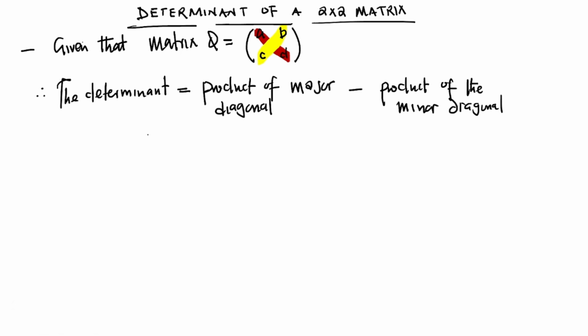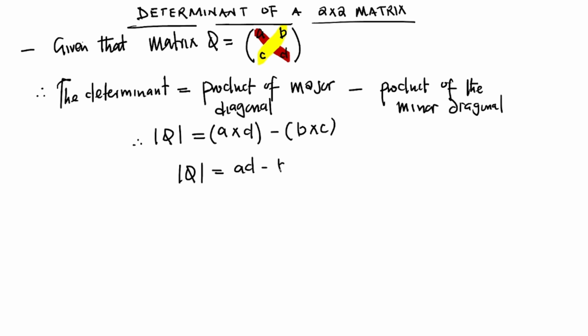of the minor diagonal. So therefore here we can say that the determinant of matrix Q is equal to A multiplied by D, minus B multiplied by C. So the determinant of that matrix will be equal to AD minus BC, sorry.